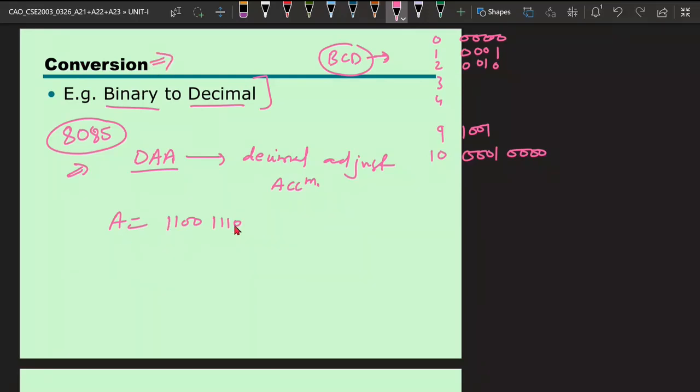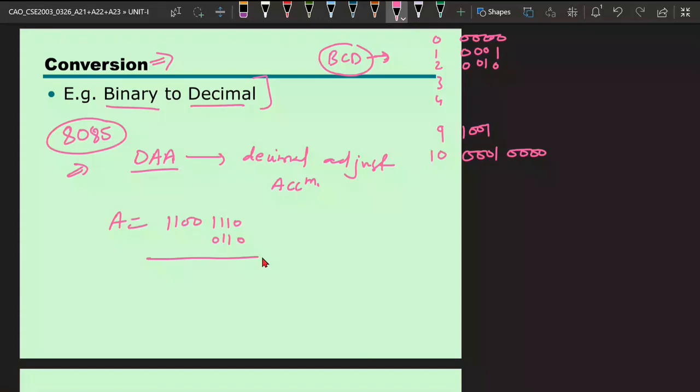To convert into BCD, whatever the content is, if it is 9 or less, it will remain the same. If it is greater than 9, we will add 6 to this number because it is greater than 9.